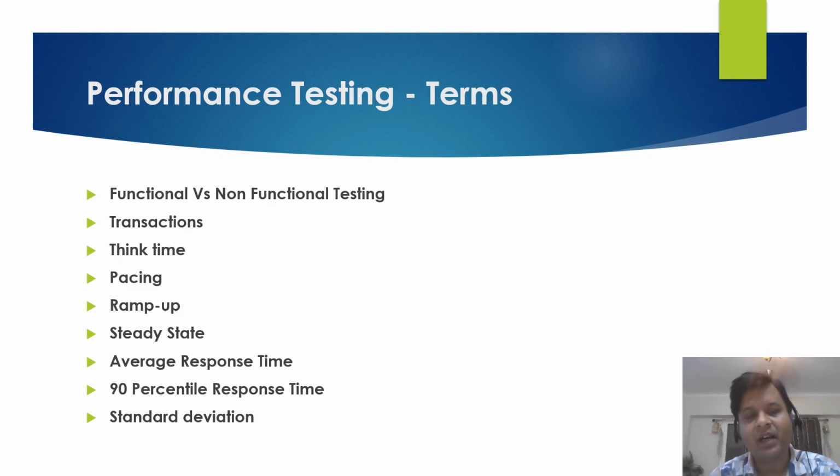Another metric we have to consider is 90 percentile response time. So what is 90 percentile? Let's say we have a sample of 100 responses. We arrange them in descending order, knock off the top value, and whatever is the second top value, we pick it up and say that is my 90 percentile.